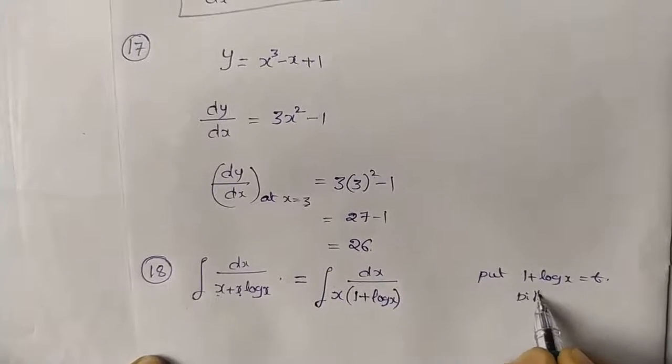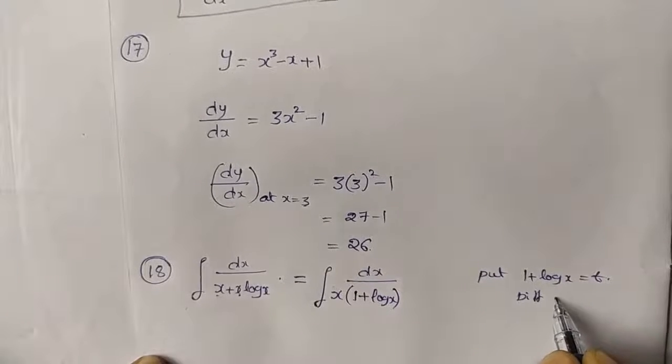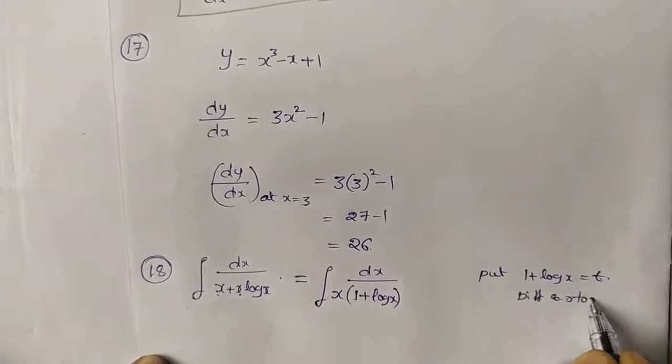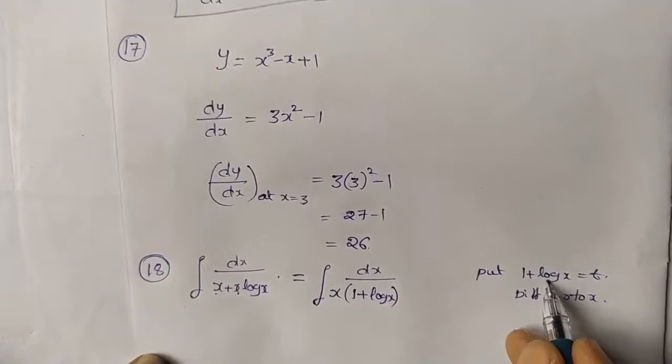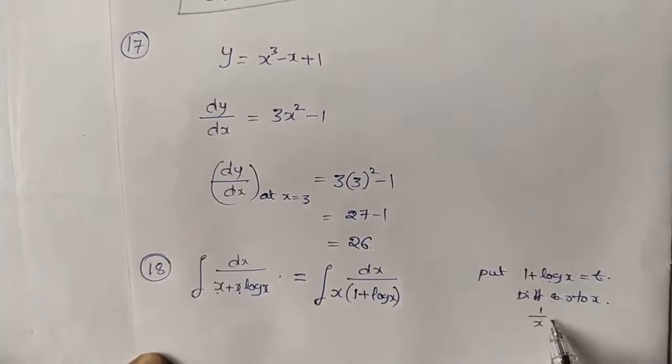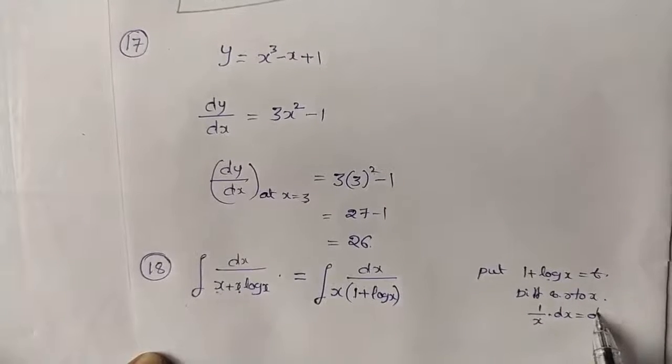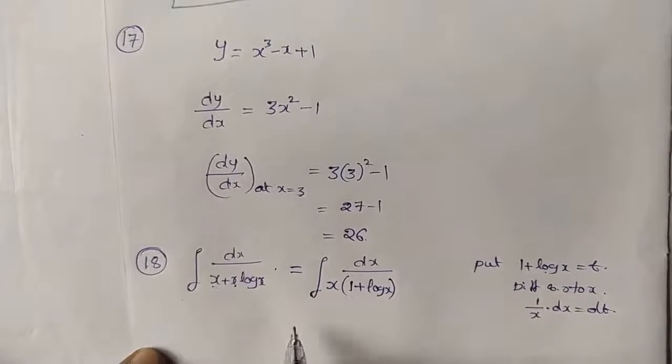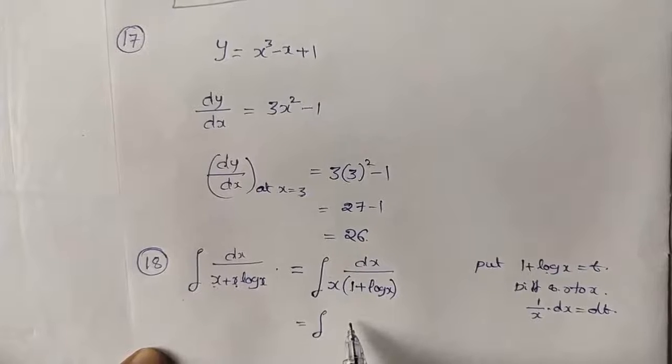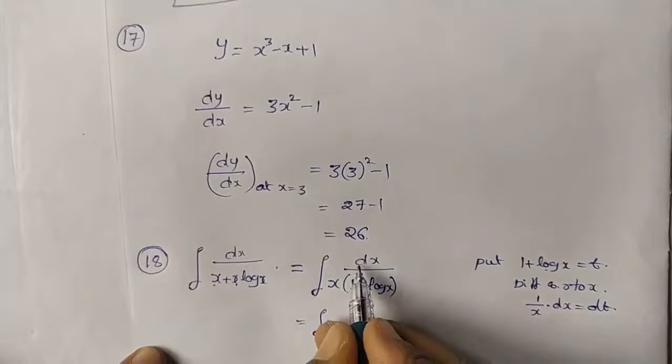If we differentiate with respect to x, what will we get? Differentiation of log x is 1 by x into dx equals dt. That is equal to the integration of 1 by x dx.